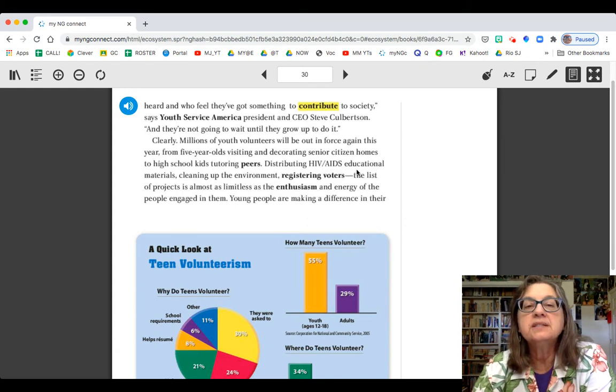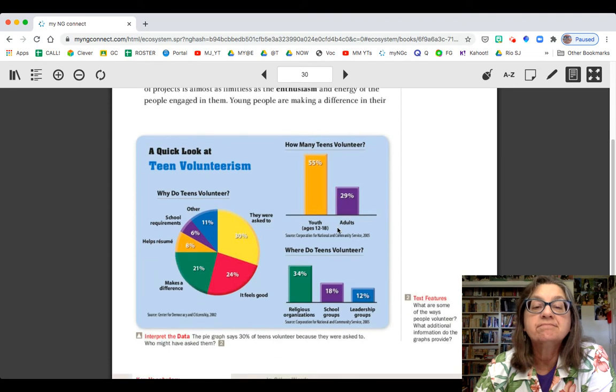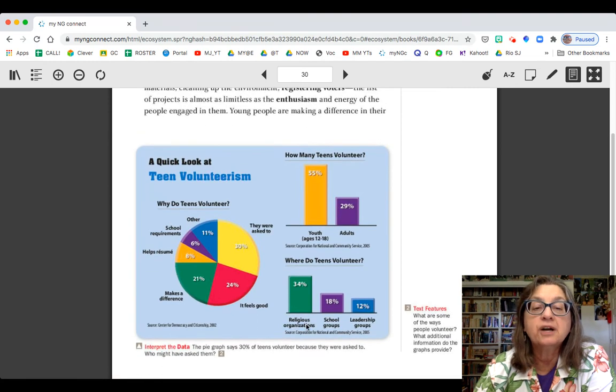Distributing HIV/AIDS educational materials, cleaning up the environment, registering voters. That's something that's very active now. It's an election year. The list of projects is almost as limitless as the enthusiasm and energy of the people engaged in them. And here we have a quick look at teen volunteerism.